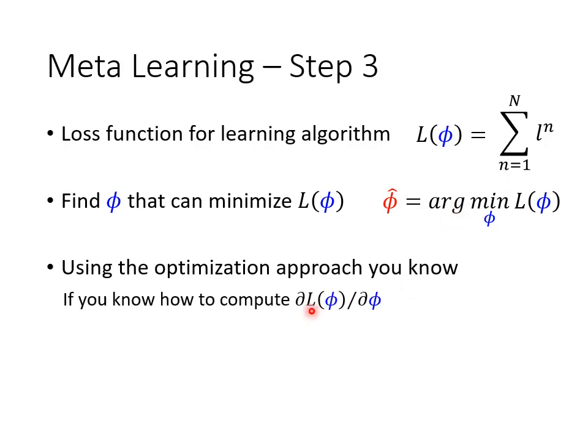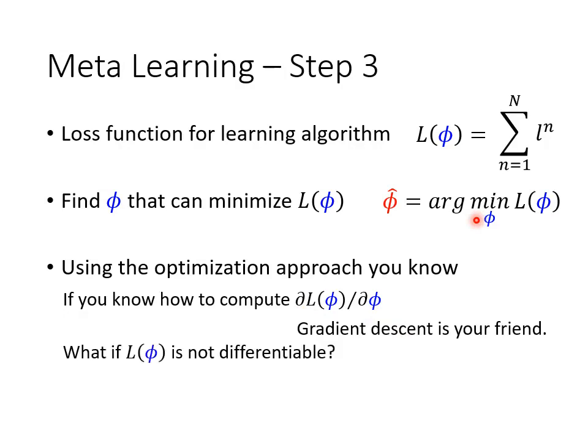If L of phi is differentiable, you know how to compute partial L of phi over partial phi. Then if you know how to compute this term, you can use gradient descent to solve this optimization problem. On the other hand, if L of phi is not differentiable, so we cannot use gradient descent, there is another optimization approach.